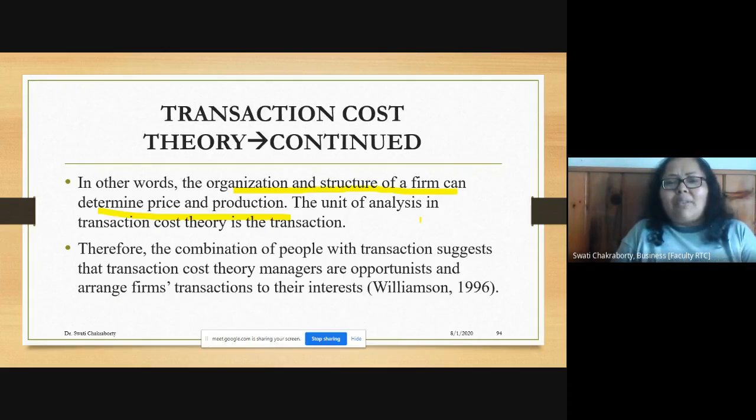So when you're thinking of the market size, you need to change the organizational structure to determine the price and to determine the production. What is also needed is you should also have the right kinds of human resources. You have to take into consideration the opinions, views of the employees. What do they have to say? And you have to look into their interest also.